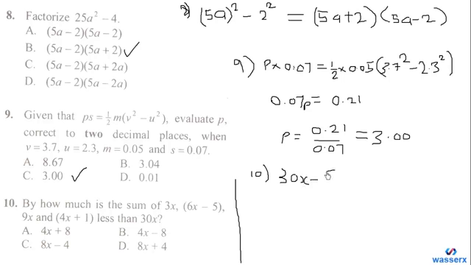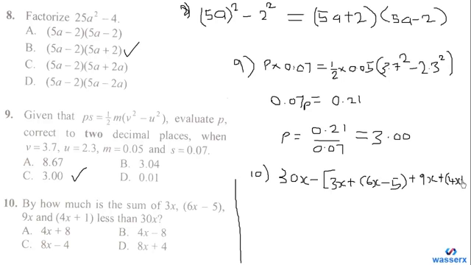So that will give us 30x minus the sum of 3x and 6x minus 5, then we also have 9x, and we add it to 4x plus 1.